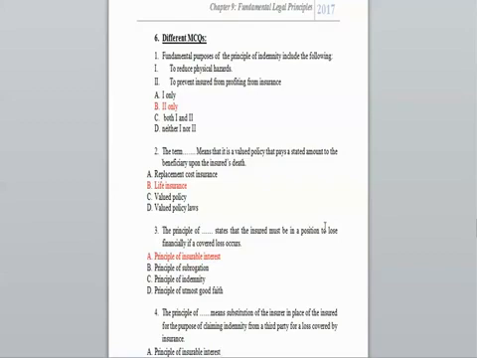Number 2, the term replacement cost insurance, life insurance, valued policy means that it is a valued policy that pays a stated amount to the beneficiary upon the insured's death, and this term is life insurance.